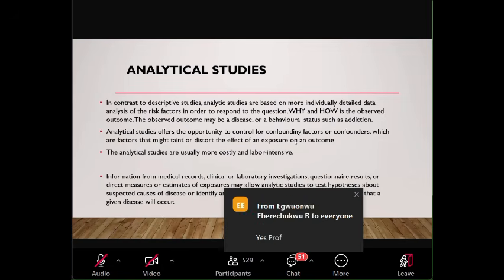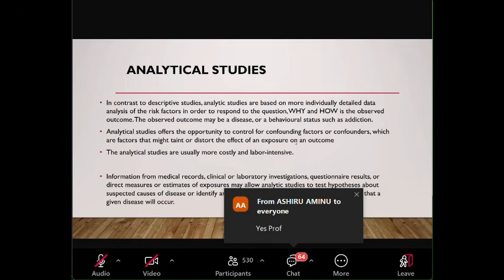Okay, analytical studies, right? Analytical studies respond to the question of why and how. While descriptive studies merely describe what was seen at that point in time, analytical studies go a little bit further.